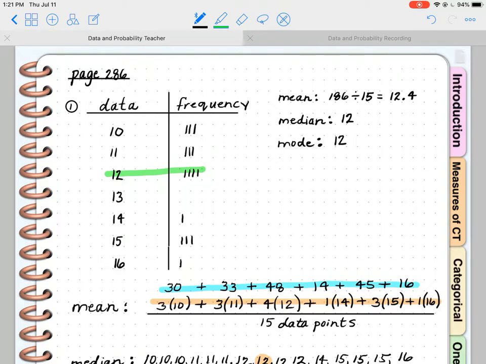Okay, now let's look at our multiple choice answers. The first one says the mean, which is 12.4, is greater than the median. Well, that's true. B says the mean is less than the median. That is not true.